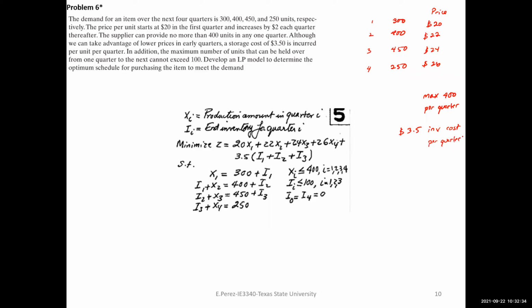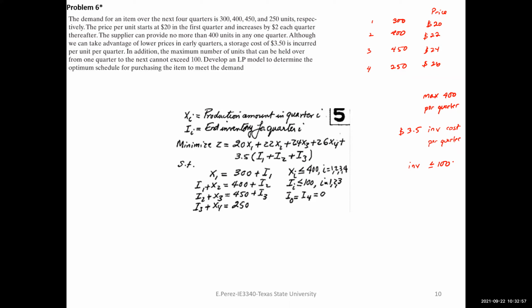In addition, the maximum number of units that can be held over from one quarter to the next cannot exceed 100. So your inventory is going to be limited to 100. Develop an LP to determine the optimum schedule for purchasing the item to meet the demand.